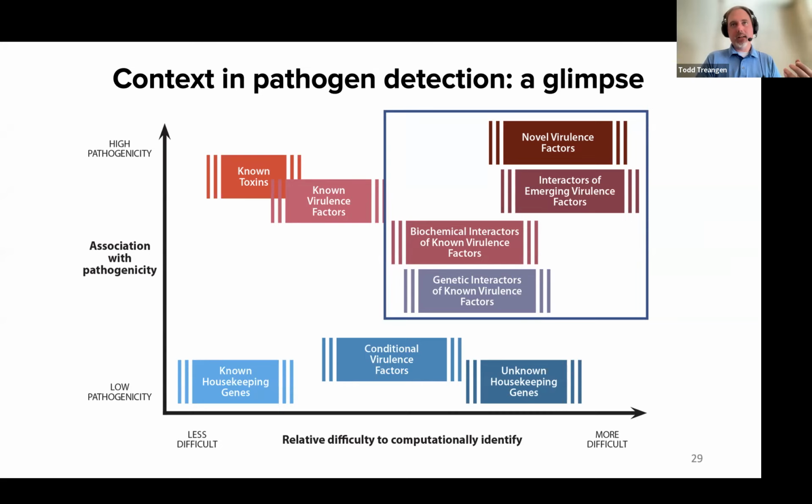Anything involving novel virulence factors or unknown housekeeping genes can really confound existing approaches, and is something we need to continue to work towards. Now, there have been some recent approaches specific to deep learning, et cetera, which may be able to help us in these spaces, but thinking about this not only context wise, but also novelty is a really big confounder as well.